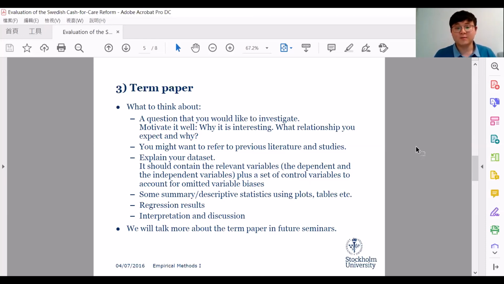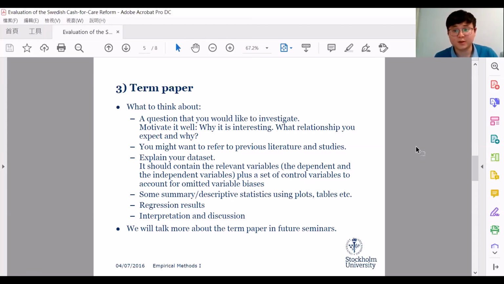And then second, maybe you would like to refer to previous literature and studies as well. You can find your inspiration from past studies and even from news. And then third, explain your data set. You should talk about where the data set is from, and it should of course contain the relevant variables, and also a set of control variables to account for omitted variable biases.